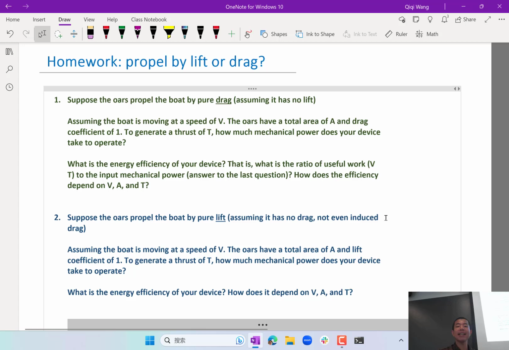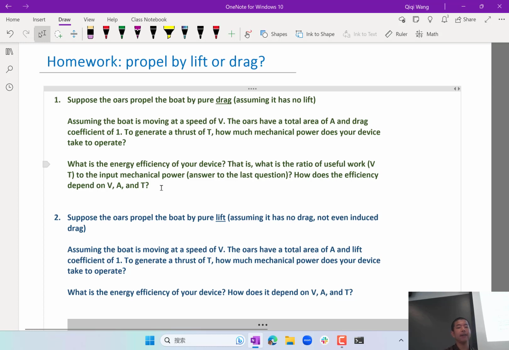If that is the case, compute how much mechanical power has to be input into the oar, which is the power output of the person rowing, and compute the energy efficiency. Basically, what is the ratio of useful work, the velocity times thrust, to the input mechanical power.